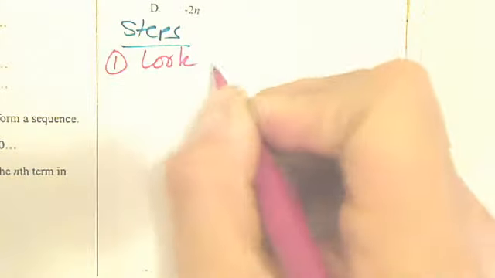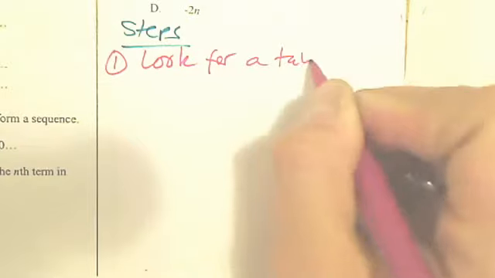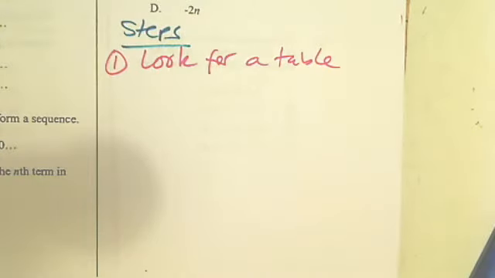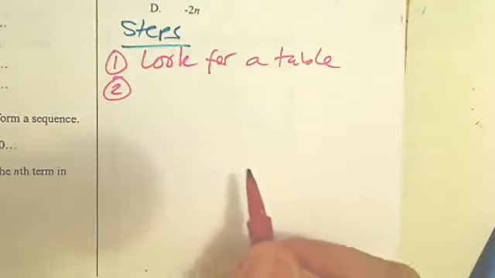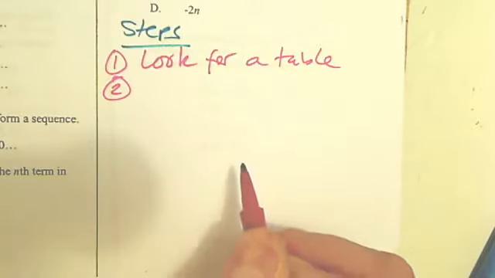Step number 1. Look for a table. If you need help, look for a table. Well, what happens if there is no table? Then you make one.